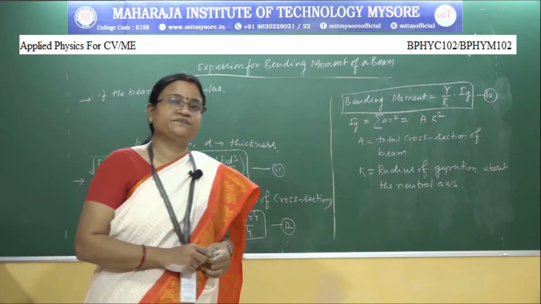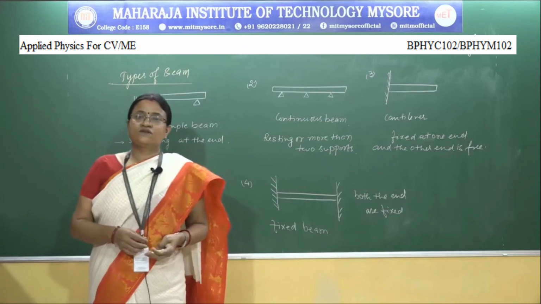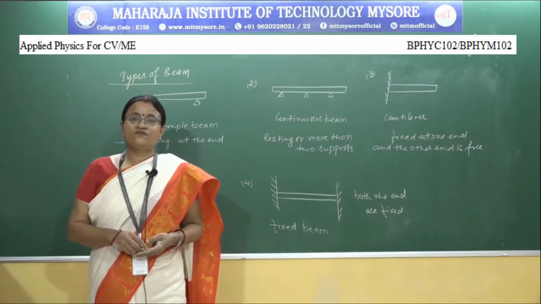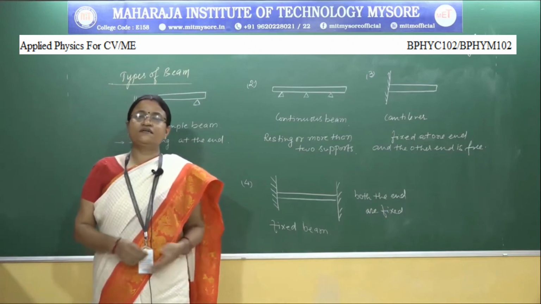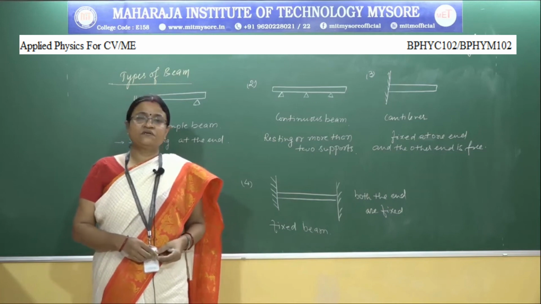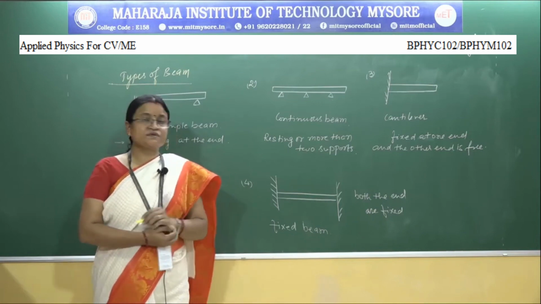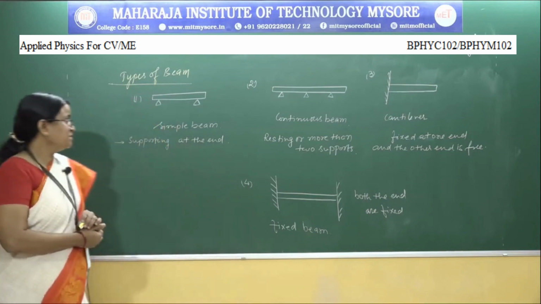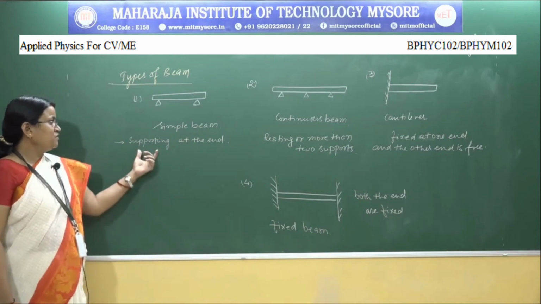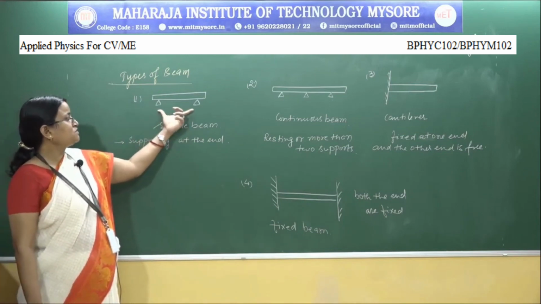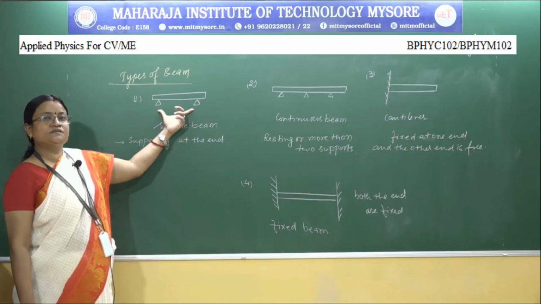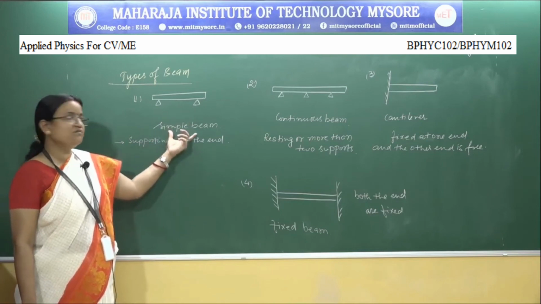So coming to the types of beam, we are going to study here 4 types of beam: simple beam, continuous beam, cantilever and the fixed beam. So what is a simple beam? A simple beam has supports at the 2 ends, that is what we call a simple beam.